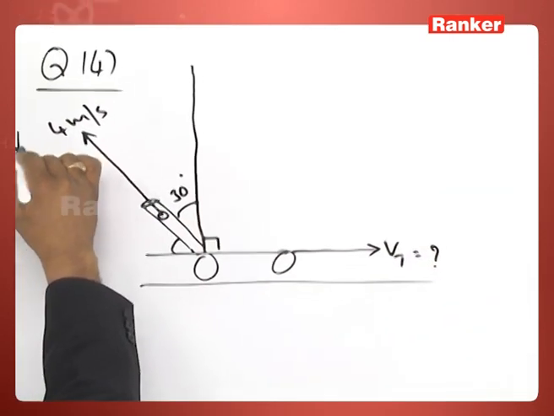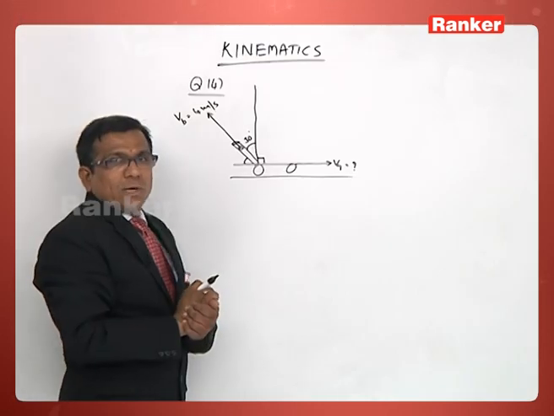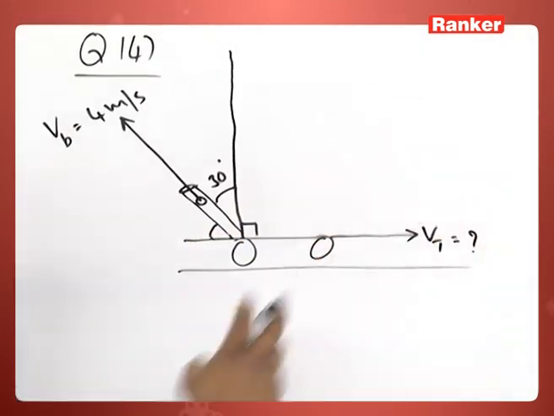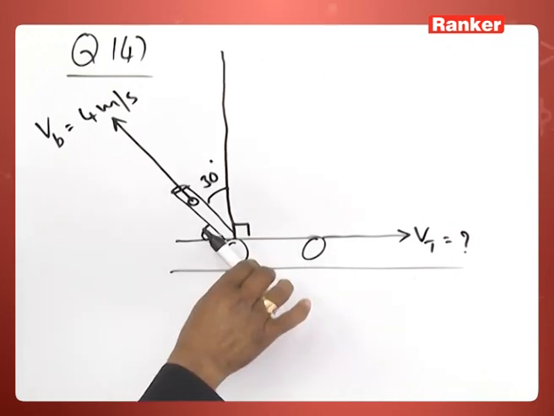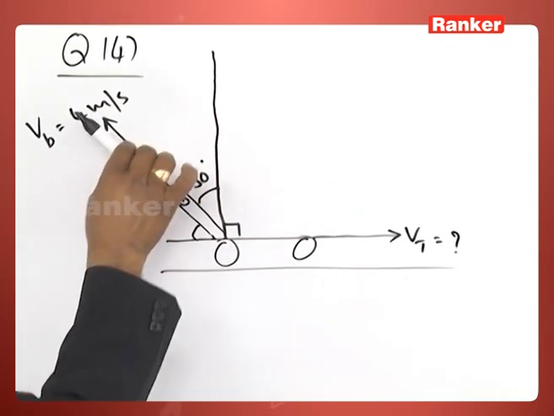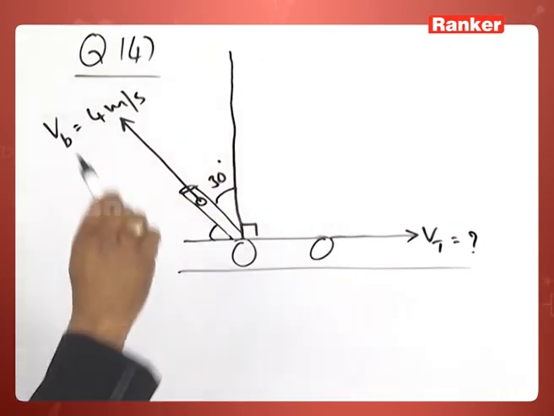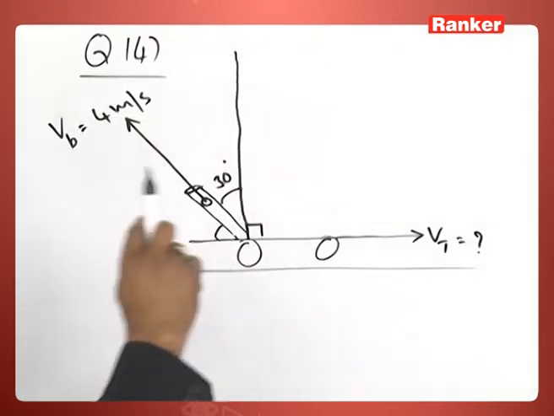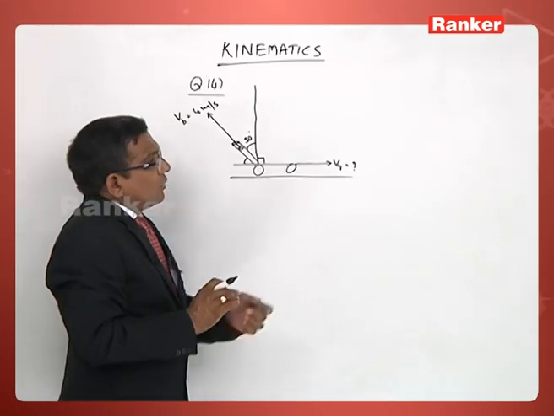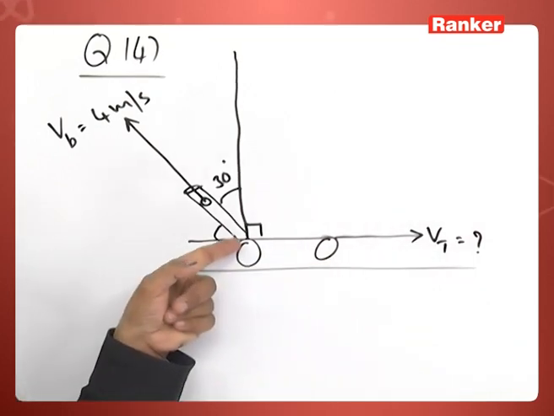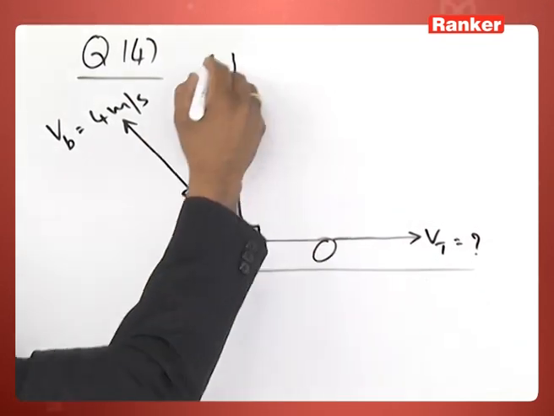Let us say velocity of the bullet is 4 meters per second. So, truck is moving horizontally, but with respect to the truck, bullet is coming out with a velocity of 4 meters per second at an angle of 30 degrees with the vertical. But in the problem, what should be the velocity of the truck so that the bullet moves vertically up?